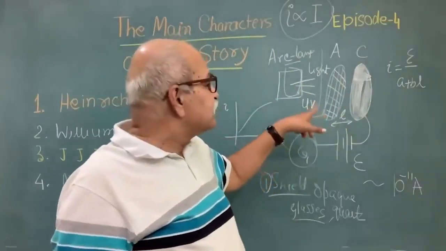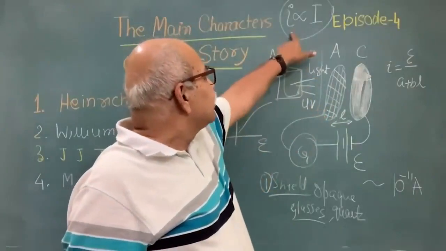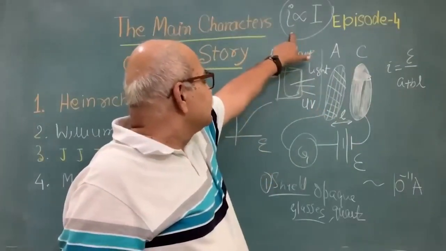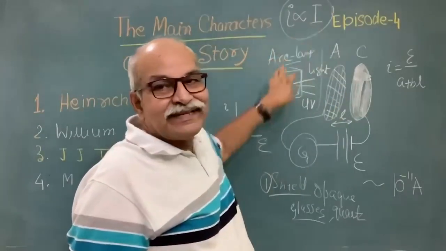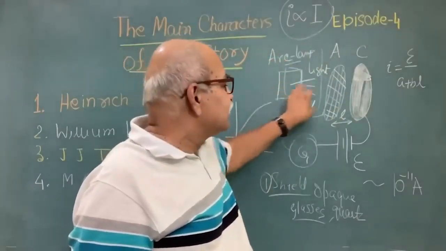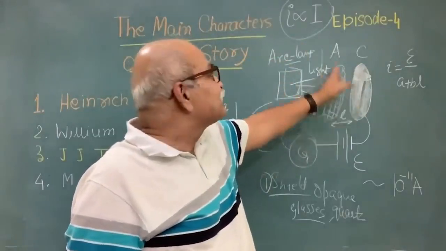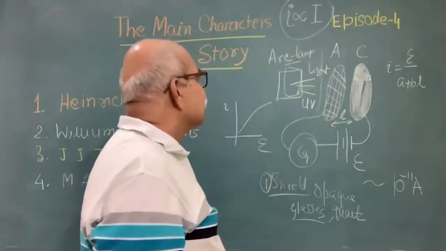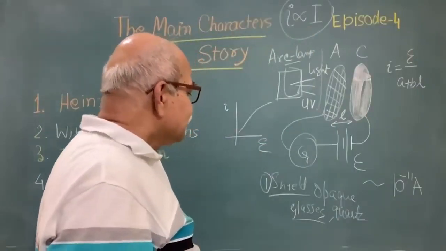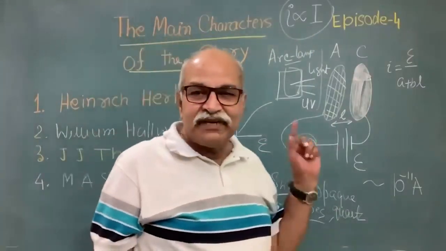So he has studied it more systematically and established that the photocurrent is proportional to the intensity of the light falling on it, and this is sometimes called Stoletov's first law. Now, this is significant.